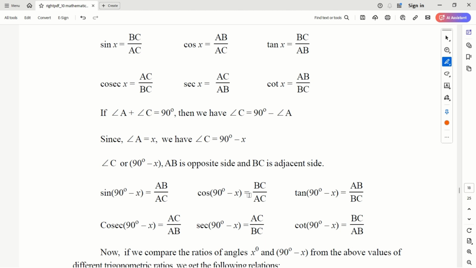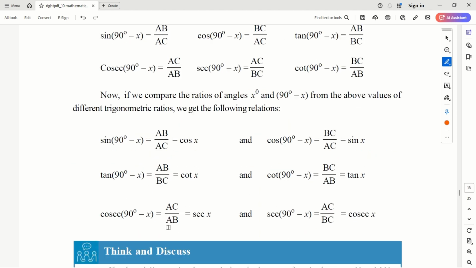Cos of 90 minus x equals sin x. Tan of 90 minus x equals cot x. Cot of 90 minus x is tan x. And cosec and sec are also interchanged for complementary angles.